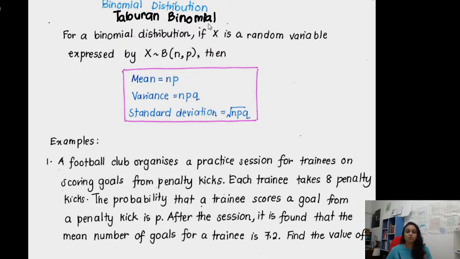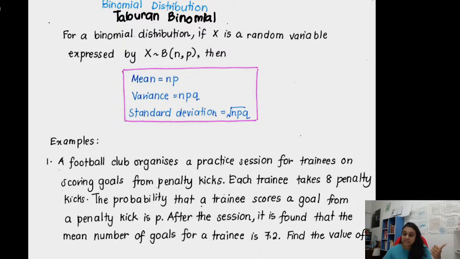This is used whenever you do the experiment a big number of times. Like the teacher told you just now, you throw the dice, dadu, kita baling 30 kali. That's a very big amount, right? So you use binomial. Other than that, sometimes we throw a coin, duit syiling.